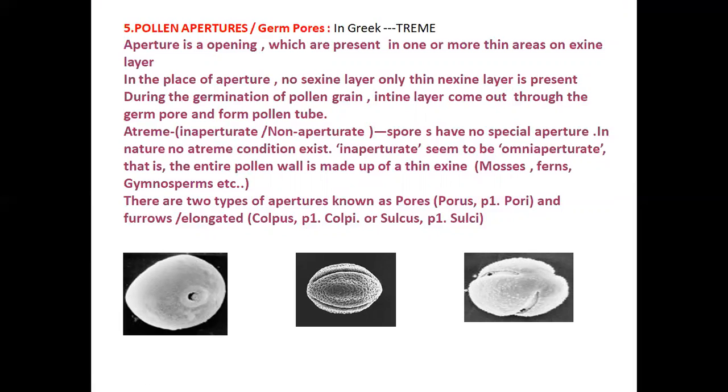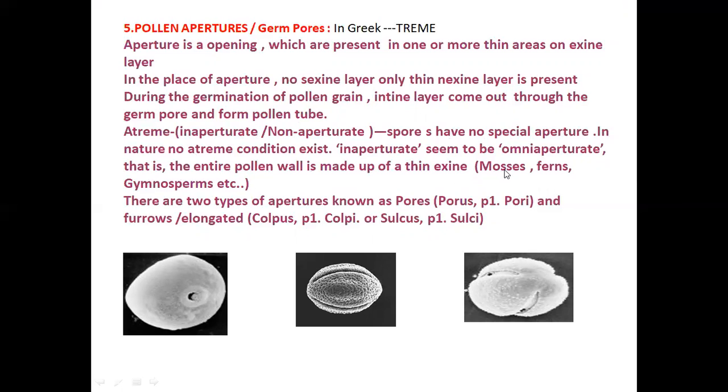If any spore seems to be without an aperture, it is omniaperturate. Omniaperturate means the entire pollen wall is made up of thin exine that allows the pollen tube out at any surface of the exine layer.